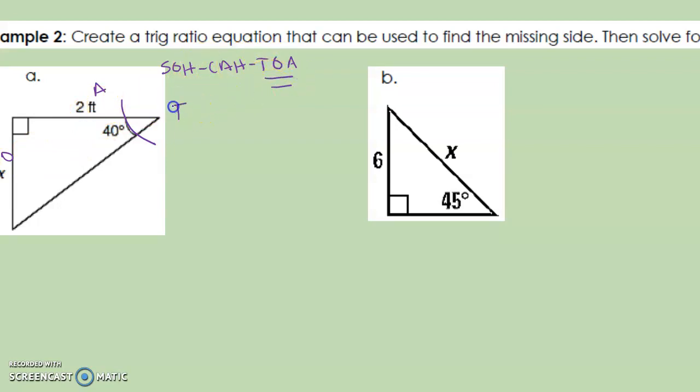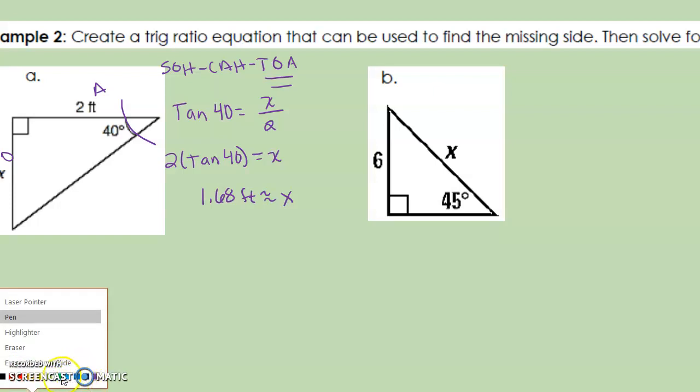So I would do tan 40 equals my opposite, which is X, over my adjacent, which is 2. Multiply both sides by 2. So tan 40 times 2 is going to be equal to my X. Go to calculator, 2 parentheses tan 40. And I get 1.68. We were in feet. It's approximately equal to X.